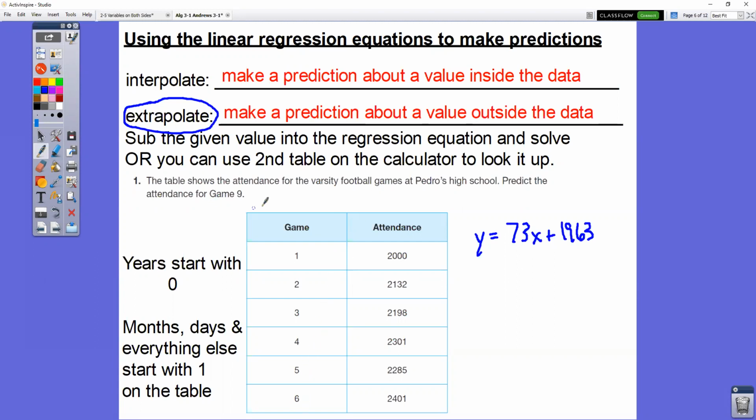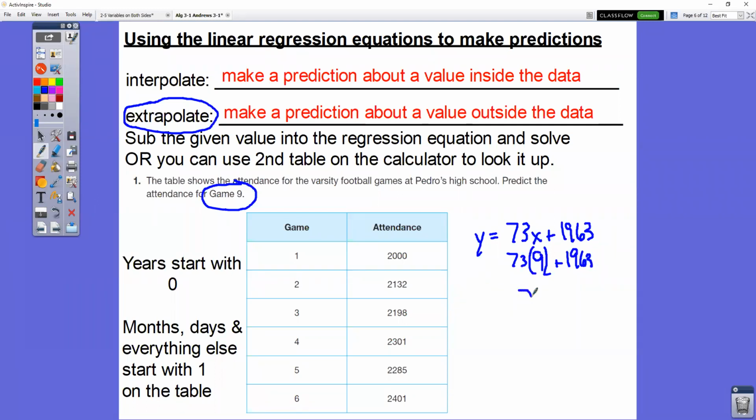If we are going to make a prediction for game 9, for example, what you would have to do to extrapolate the data is take this 9 and put it in for x. So if we sub it in for x, we have 73 times 9 plus 1,963.